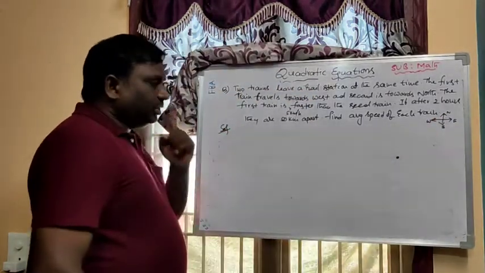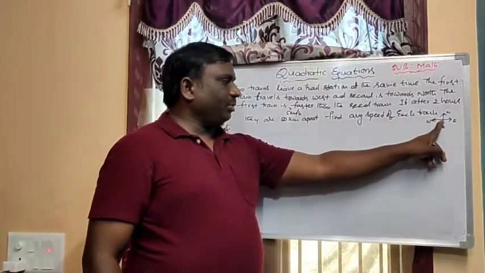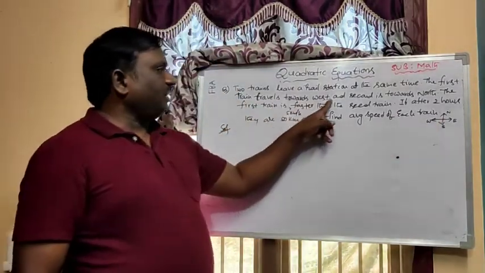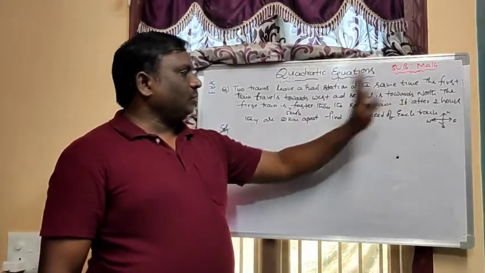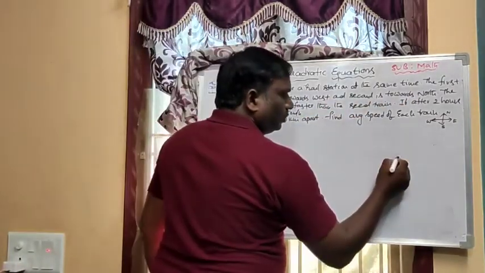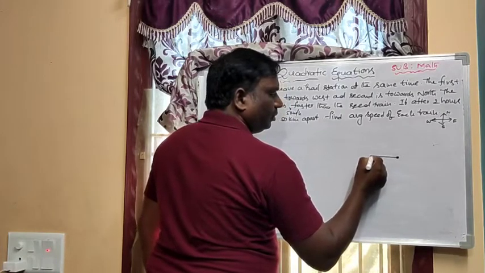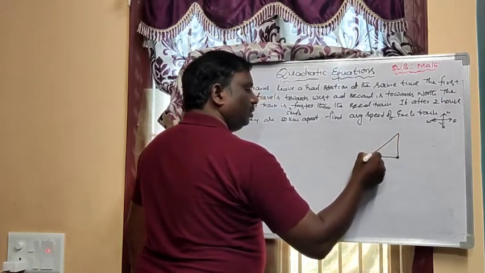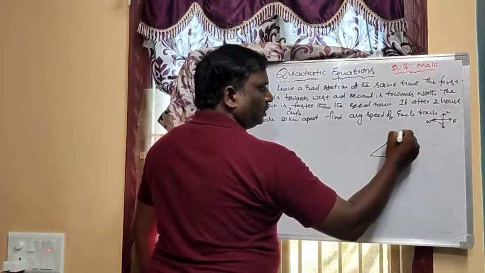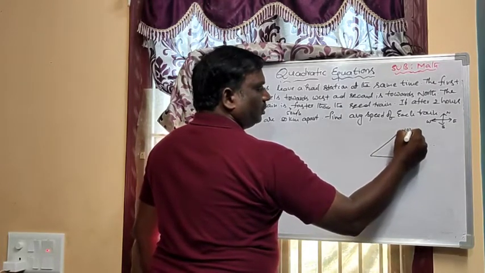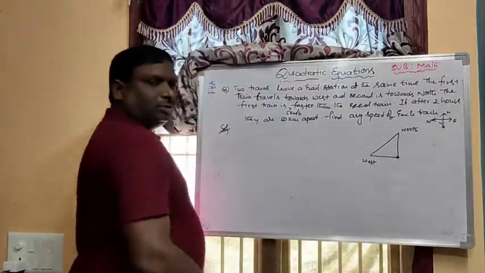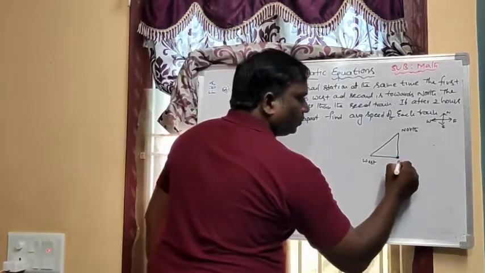I'm taking the starting point here. The first train travels towards west and the second train travels towards north. So this is the first train and this is the second train. Both trains are starting here.